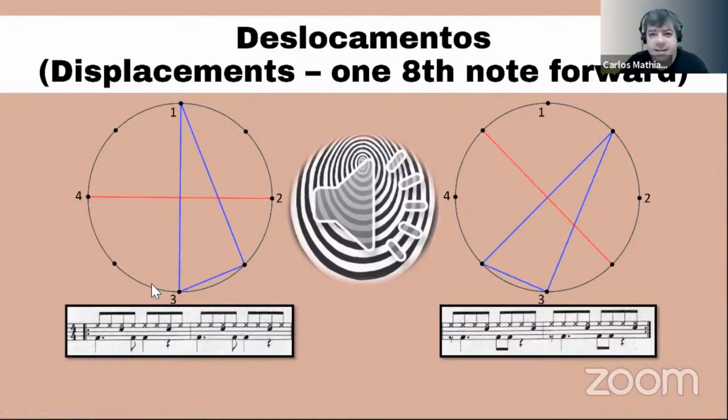I have represented this drum groove up here using the necklace notation, and the blue color is assigned to the bass drum, and the red color is assigned to the snare drum. So a displacement is a type of rhythmic illusion when you take the whole drum pattern and just shift it forward or backwards a certain amount of time subdivisions.